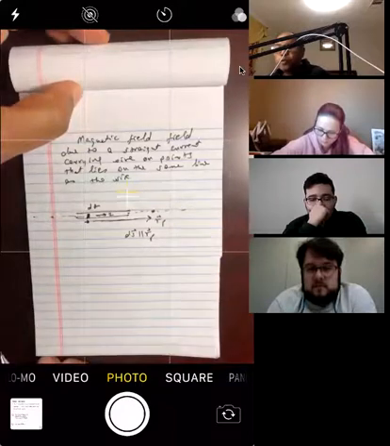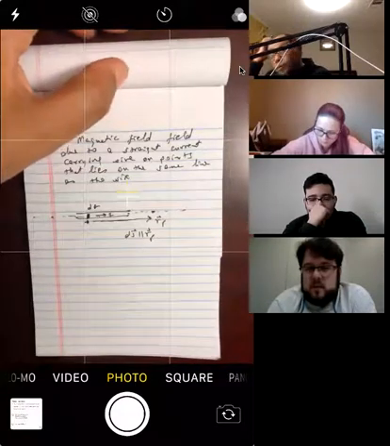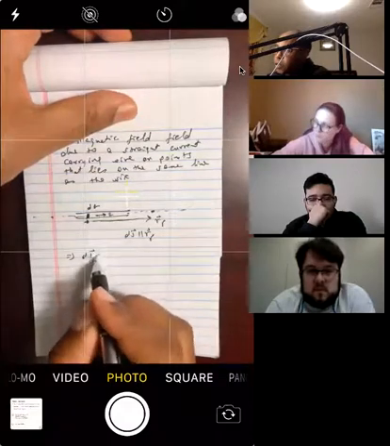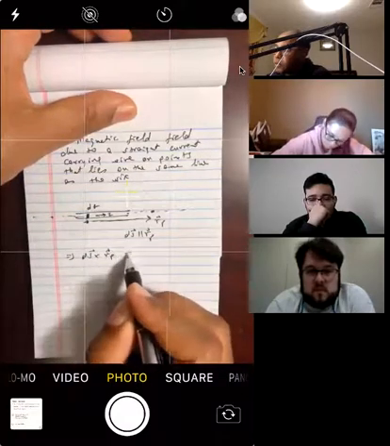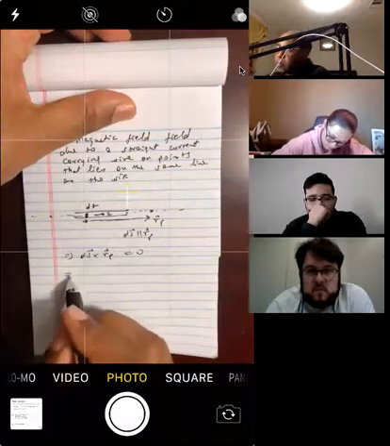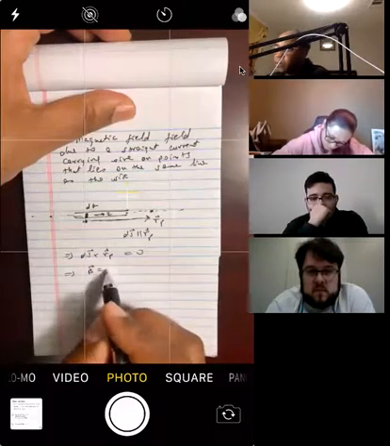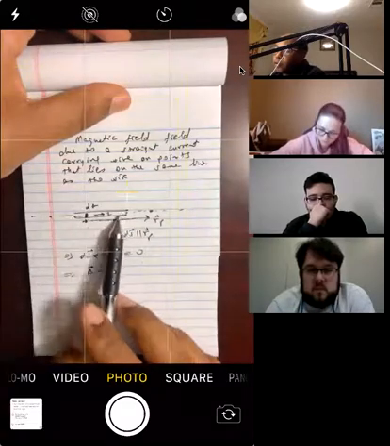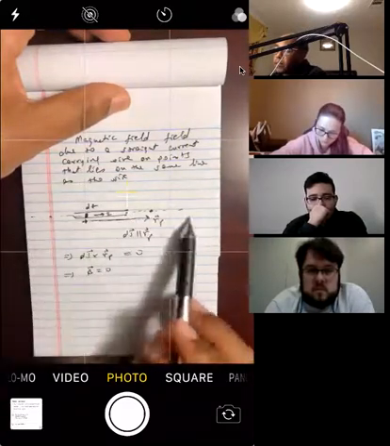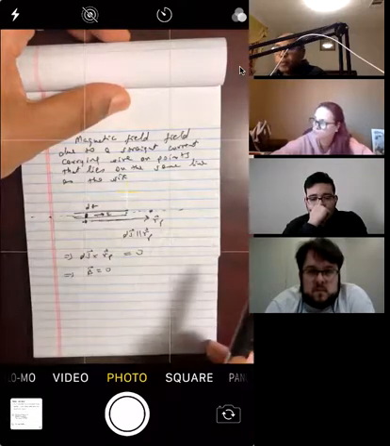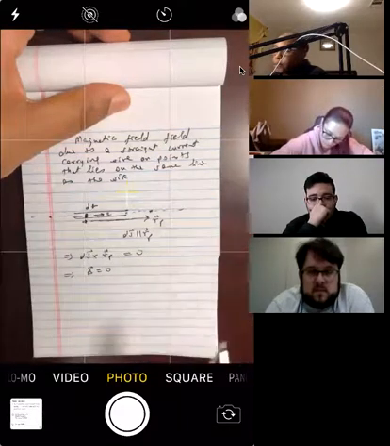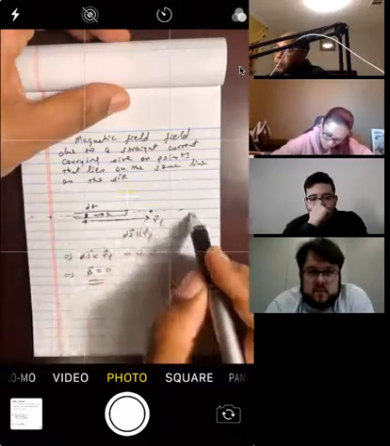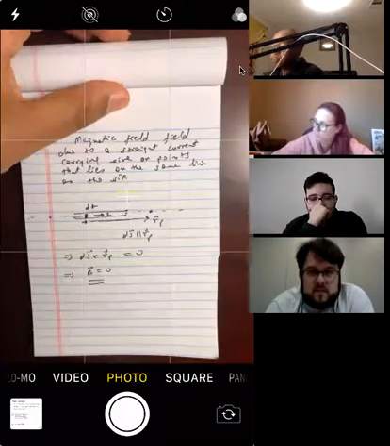What's the cross product? They're parallel, so it's 0. Therefore ds cross rp is 0, and that implies the magnetic field is 0. So the magnetic field of a straight wire at all points that lie on the same line as the wire is 0.